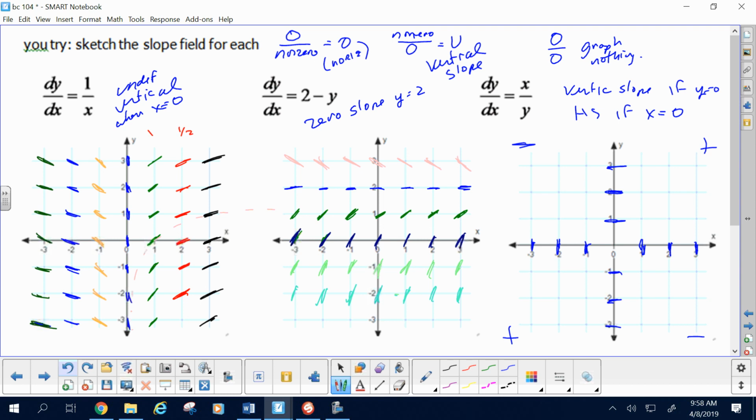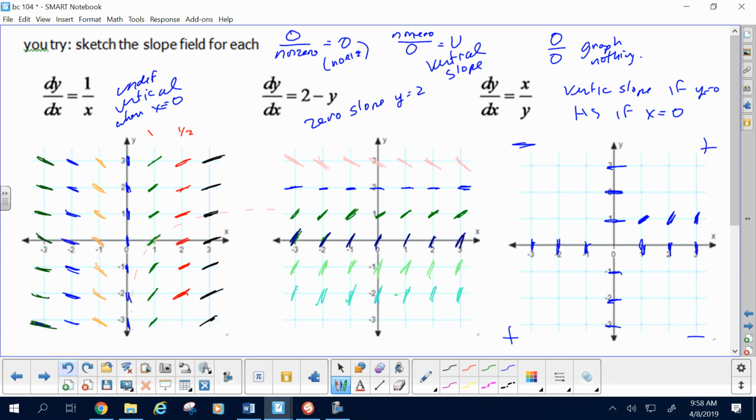Okay? All right. So then, at 1, 1, the slope is 1. I'm just going to do some calculations. At 2, 1, the slope is 2 and 3. It feels like they're getting steeper as x gets bigger and bigger. That makes sense. X is in the numerator.